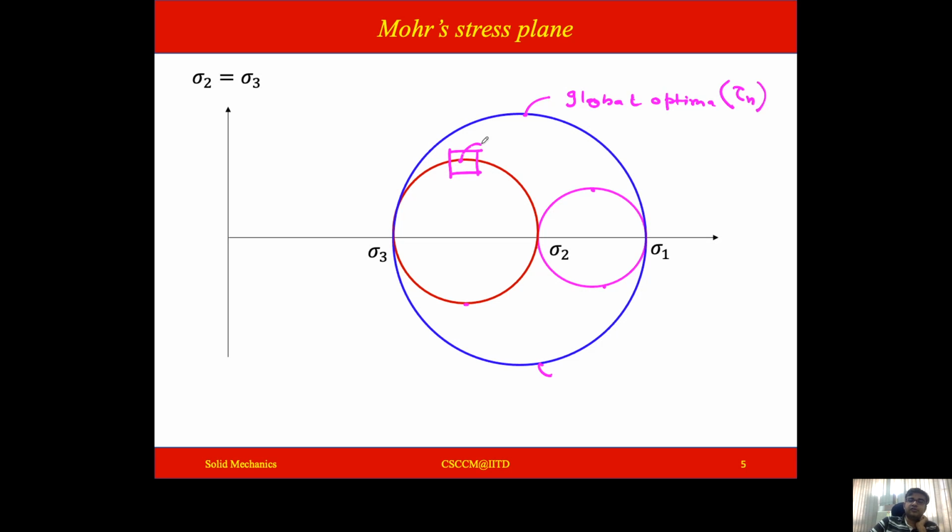So let us say this is tau 2. Then you will find at this location tau n, and also in this location tau n.